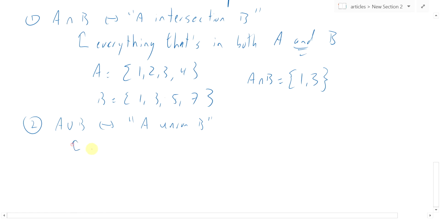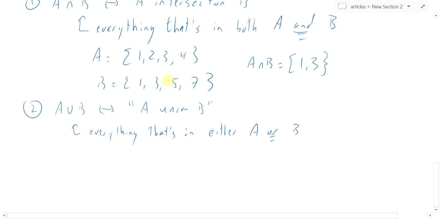What is this? This is everything that's in either A or B. So for union, it doesn't have to be in both of them at the same time, it just has to be in either one.